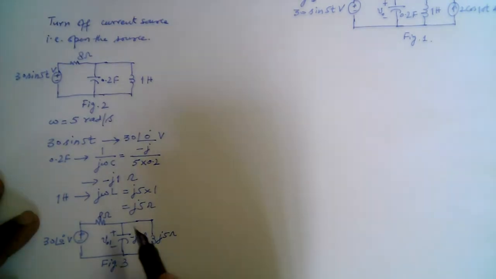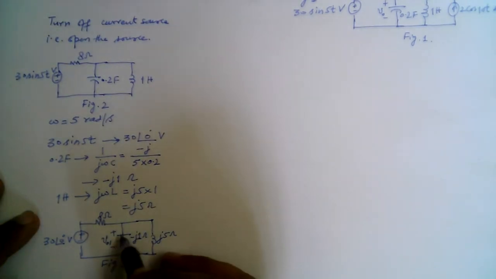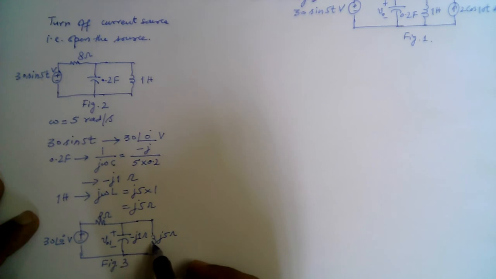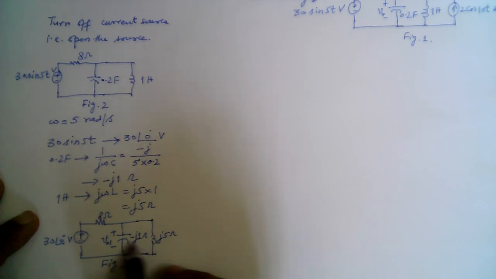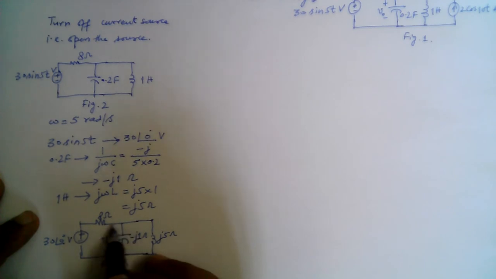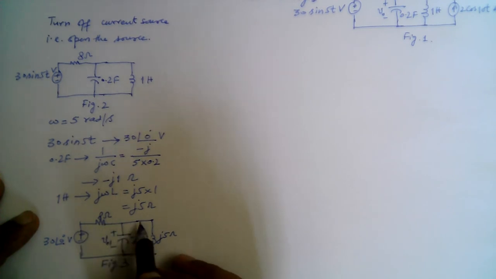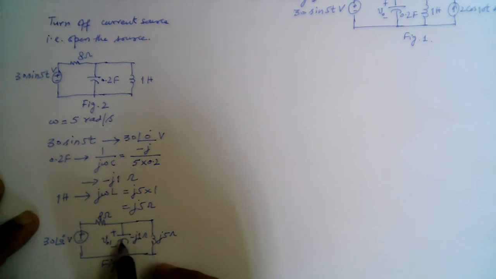So this circuit can be solved in many ways. We are interested in finding this voltage across this capacitor. The voltage across this capacitor is the same as the voltage across this inductor. So what we could do is find the equivalent impedance of both these branches, and then that equivalent impedance will be in series with this 8 ohm resistance, and we can use the voltage divider rule to find the voltage V01. Or we can use node analysis here.